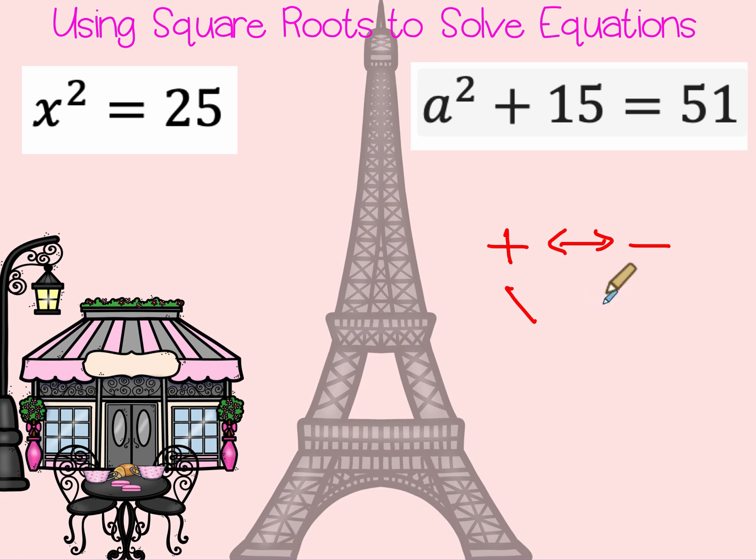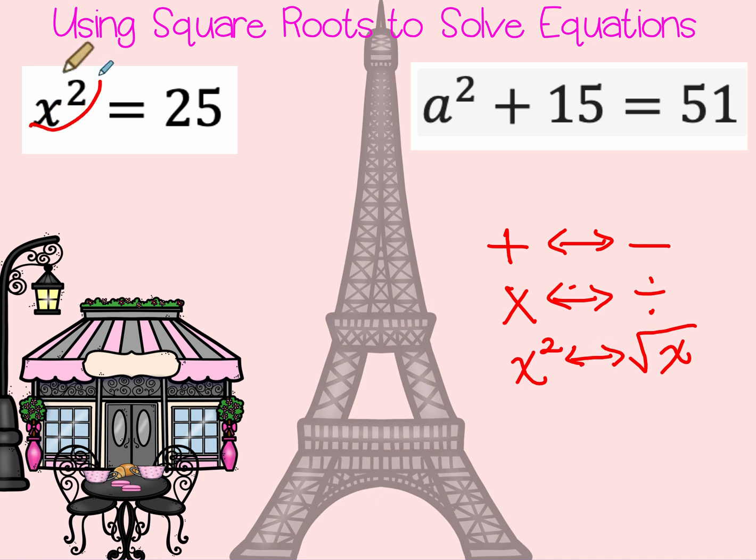Multiplying's inverse is dividing, and dividing's inverse is multiplying. Well, when you square a number, it too has an inverse, and that inverse is square root. And square root has an inverse, which is to square.